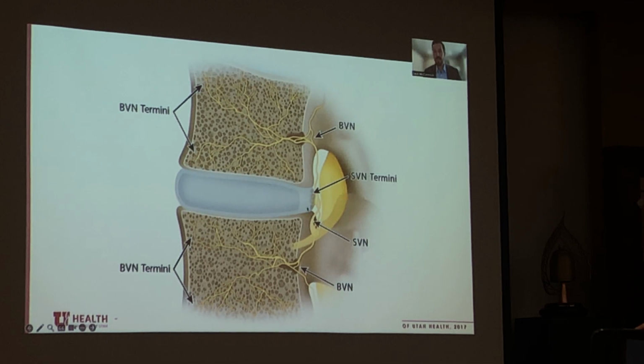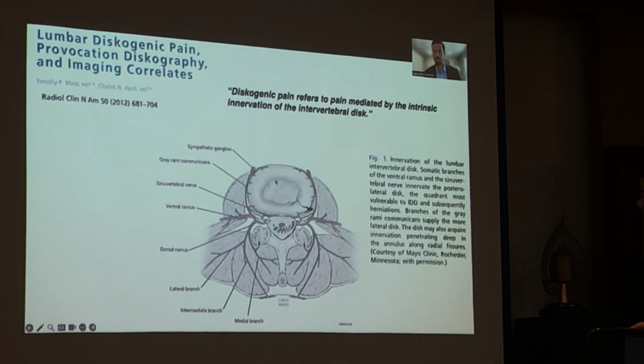Alternatively, the posterior aspect of the annulus of the disc is innervated directly by the sinovertebral nerve. And those fibers insert back on the spinal nerve itself. And so there is distinct innervation of the posterior annulus as opposed to the vertebral body end plate.